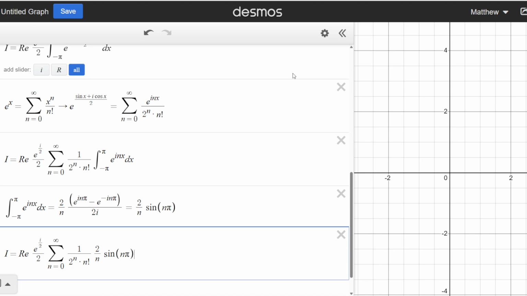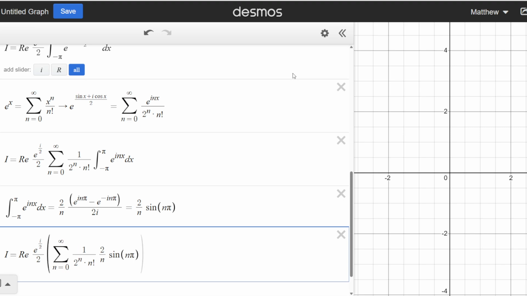All right, let's go ahead and figure out what this is. Let's put parentheses around this. You'll notice that sine n pi is going to make almost every single one of these terms 0, is it not?